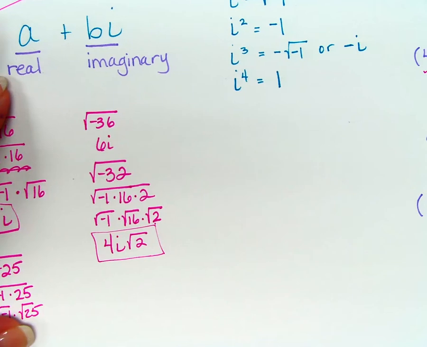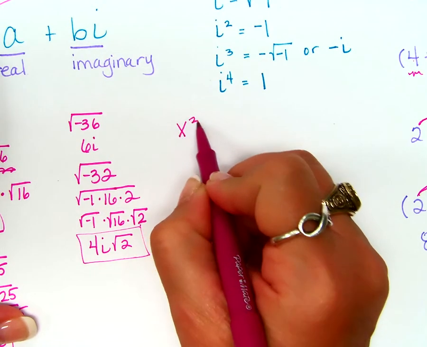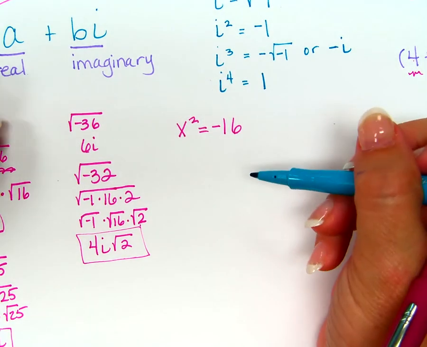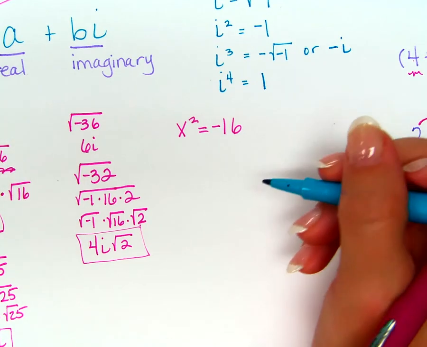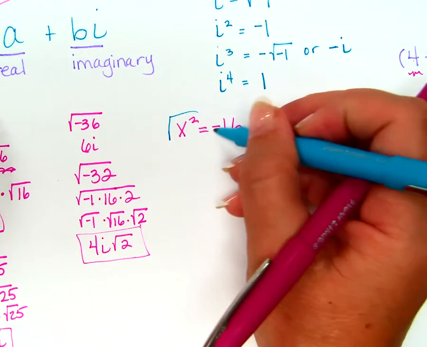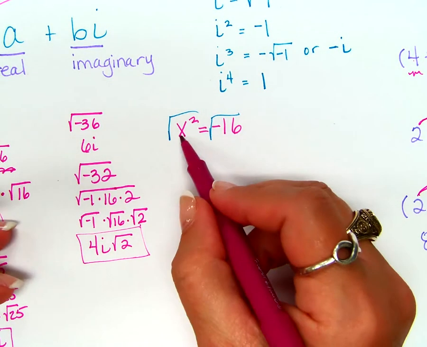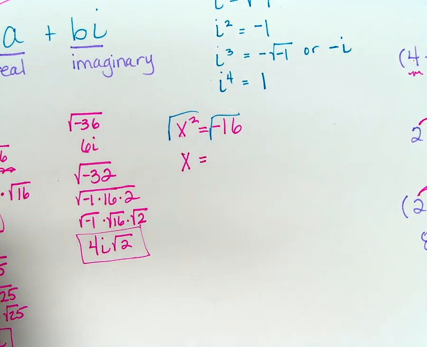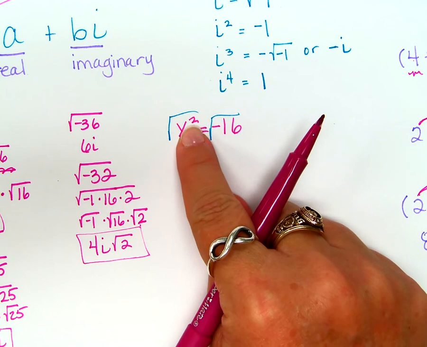So the difference comes when you're asked to solve a problem like this. How do you go about solving this problem? x squared equals negative 16. We want to take the square root of both sides, don't we? Square root here, square root here. What is the square root of x squared? I know that you all remember the fundamental theorem of algebra, which says whatever the highest exponent is, that's the number of solutions you ought to have, right?